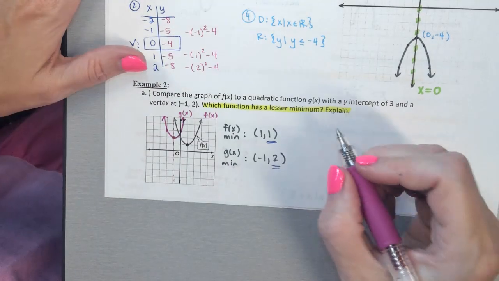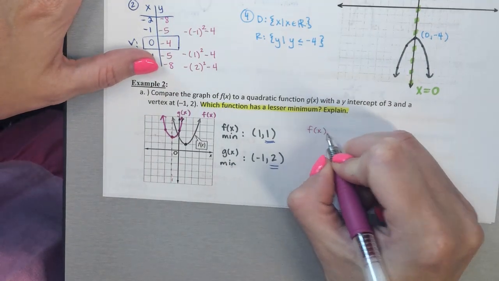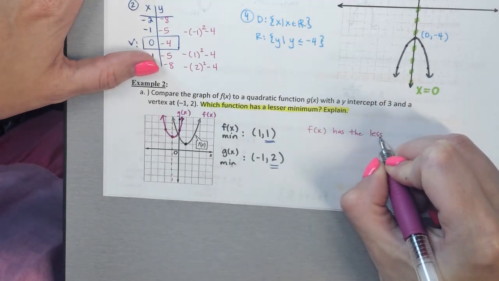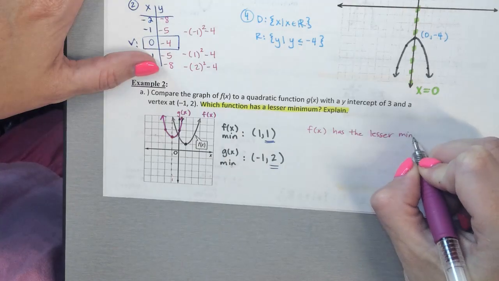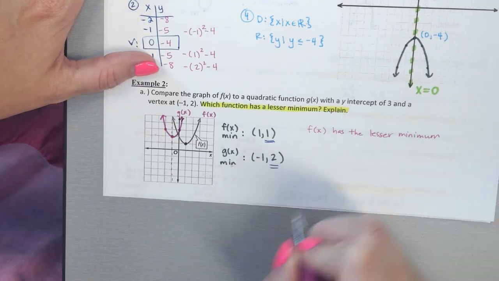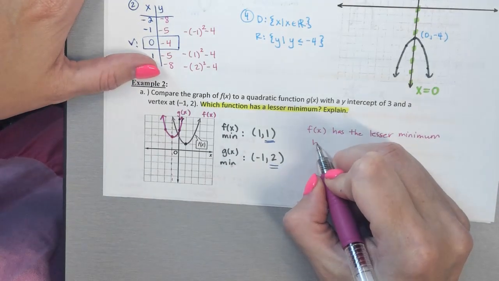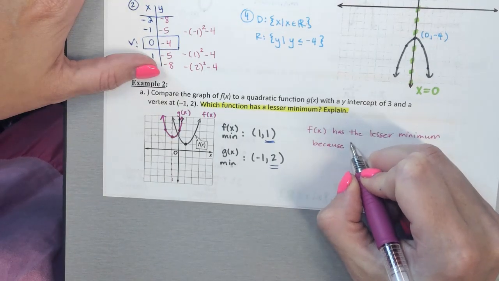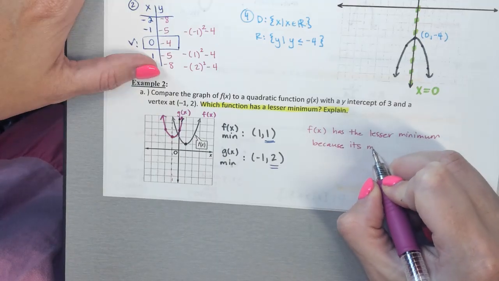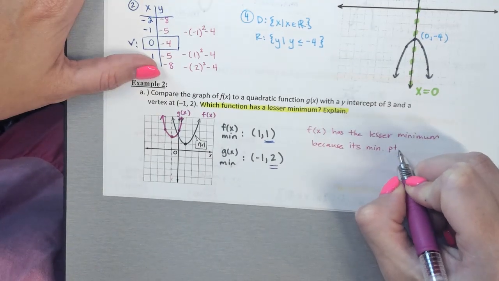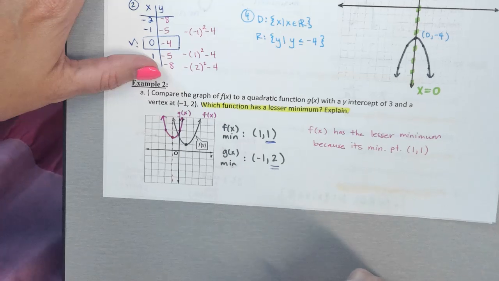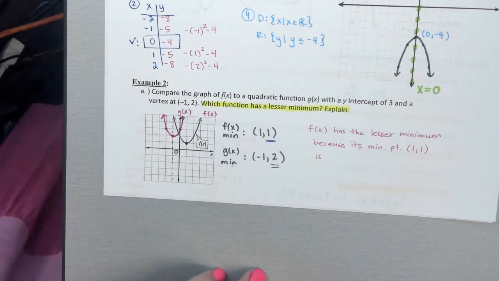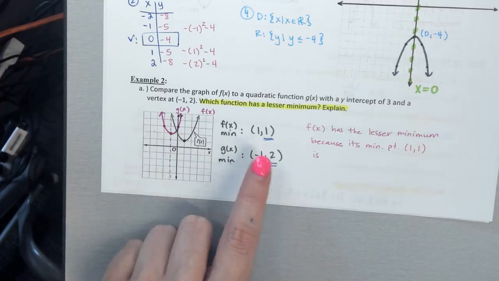Okay, so what we're going to say is f of x has the lesser minimum, and we're going to say because its minimum point 1, 1 is, and this is only 1 unit below, right?